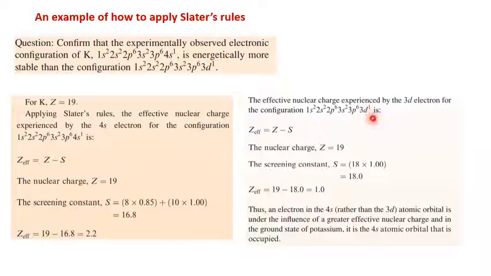So basically the 18 electrons will contribute 1 each. So you will get the screening constant value 18, and if you calculate the Z effective, it will come out to be 1.